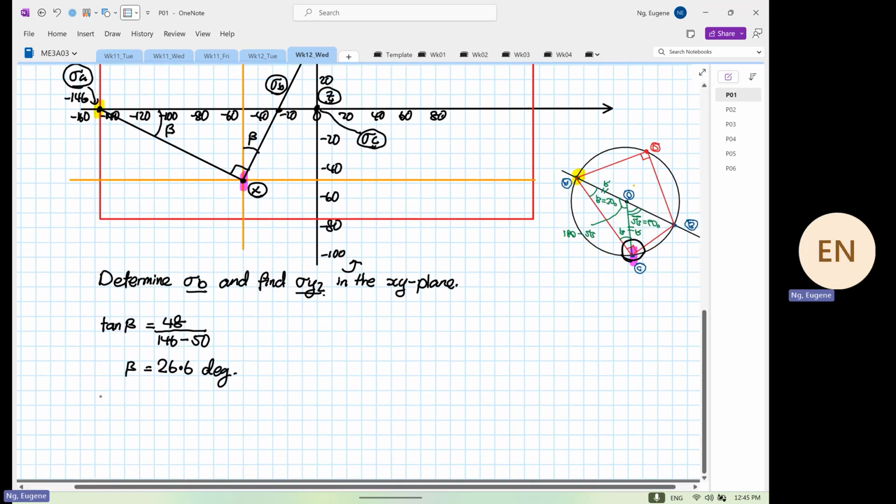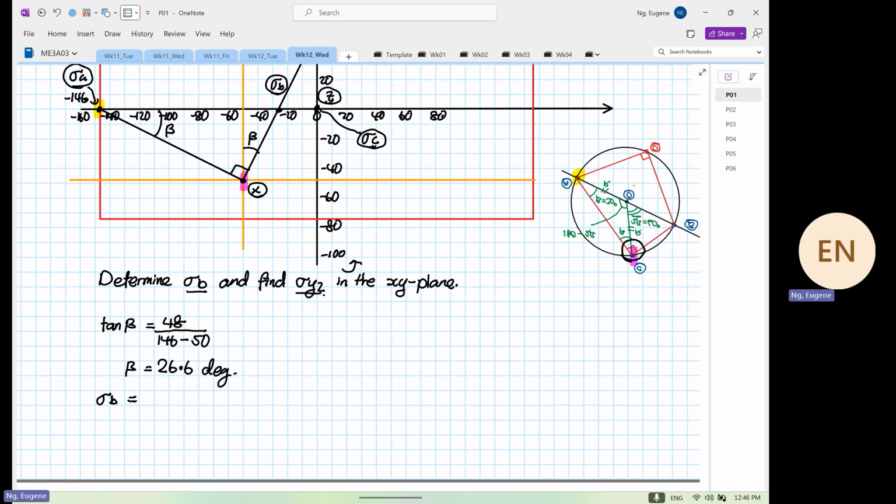So from here, we can find our stress B. Stress B is equal to minus 50 plus 48 tangent 26.6. Why is that? Because if we look at this triangle over here, this is beta, and if this is our x and this is our y, then tangent beta is equal to x over y.